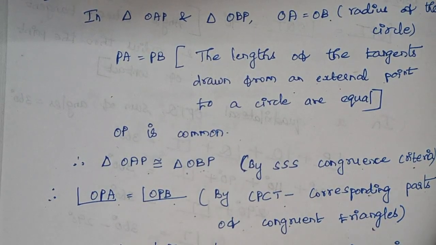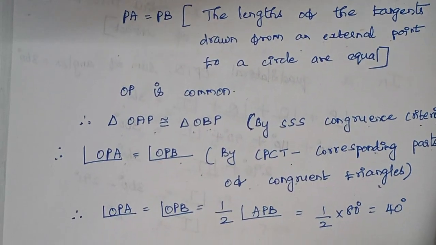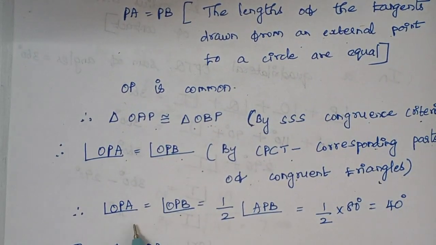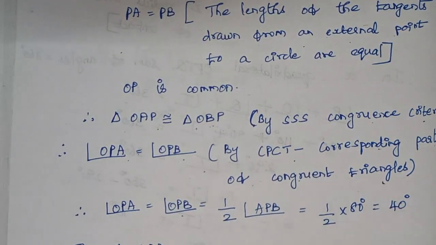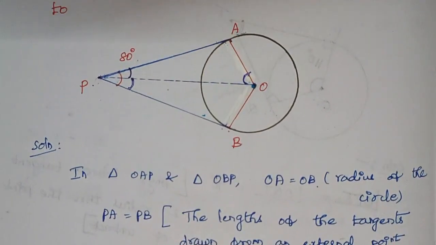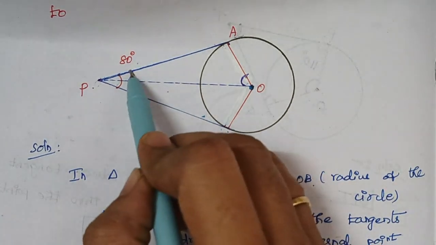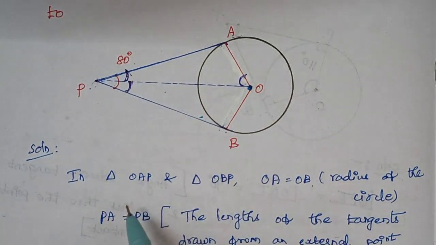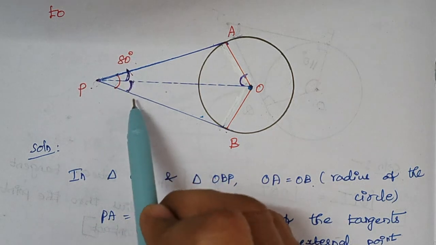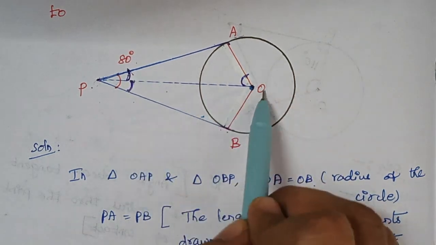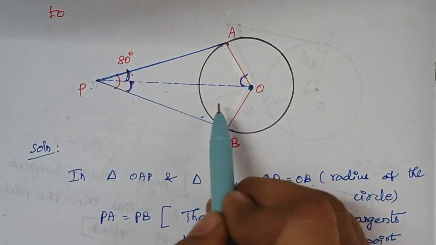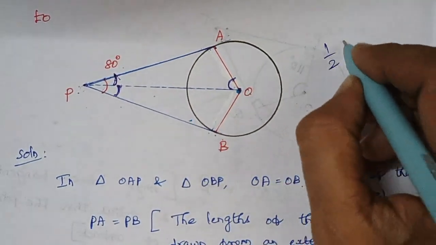Now this OPA is equal to OPB, and this value is equal to half of APB. Again, we have to look back at this diagram. Now we have proved that this angle is equal to this angle, then this angle, that is OPA or OPB, is equal to half of the main angle.